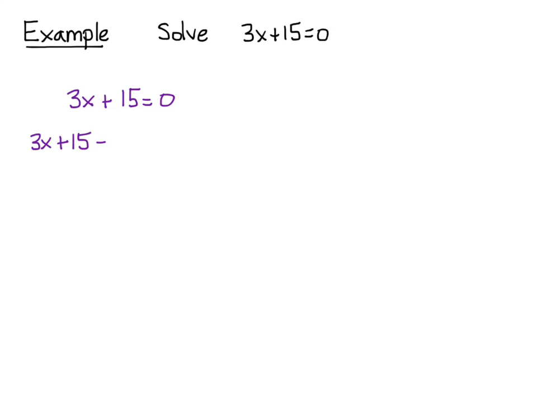So let me take an example, and I'm starting out with simple examples here. So we have this equation in standard form. Now you can probably do this one in your head if you look at it, right? Or at least most of you can. But let's look at it from the standpoint of applying these properties. Okay, so the first thing I'm going to do is I'm going to subtract 15 from both sides.